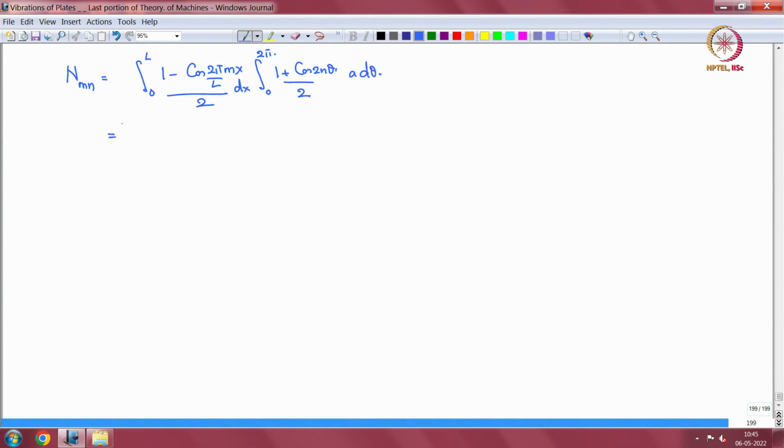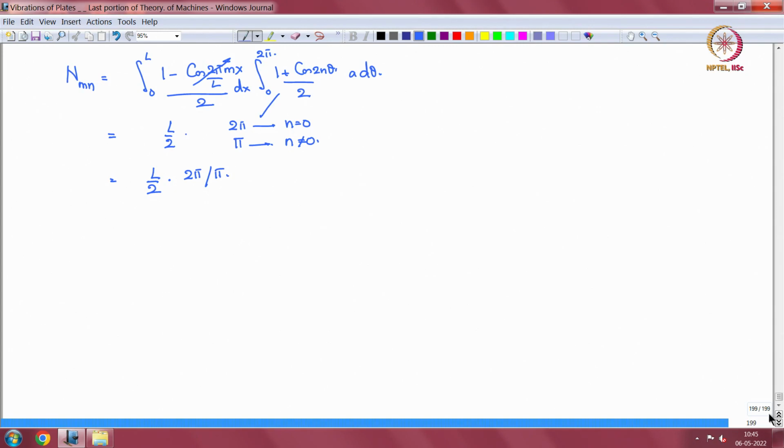This gives me L by 2, as cos 2m pi x by L integrates to 0 over the length, so this part goes to 0. But here again this gives me 2 pi for n equal to 0 and pi when n not equal to 0. So I get L by 2 into 2 pi or pi.